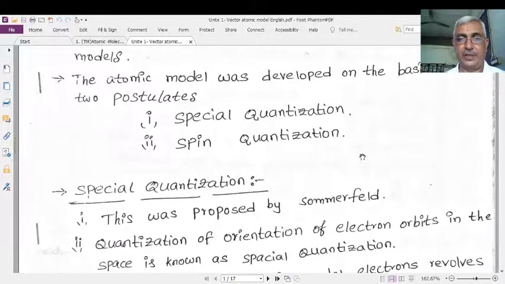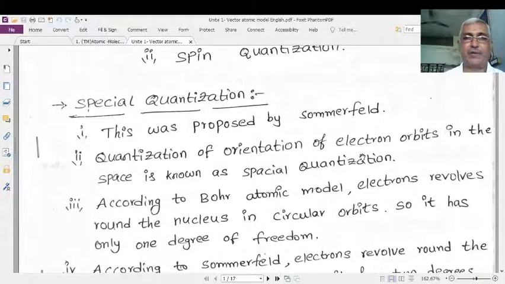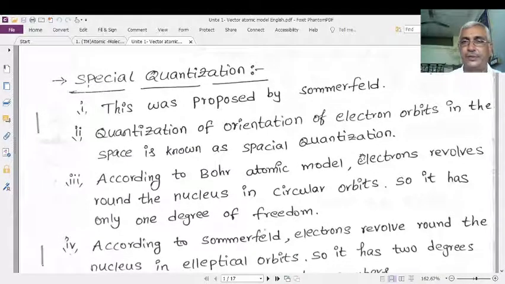What is the first one? Spatial quantization. Spatial quantization is related to the quantization of the orbital motion of the electron. This was proposed by Sommerfeld. This is nothing but the quantization of orientation and magnitude of the orbital motion of the electron or electron orbit around the nucleus.